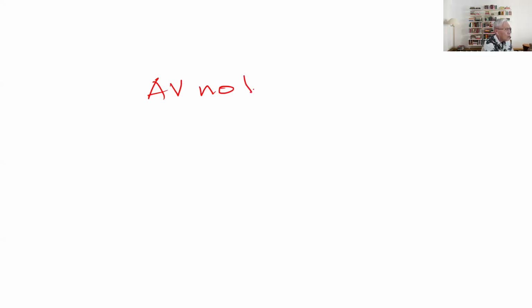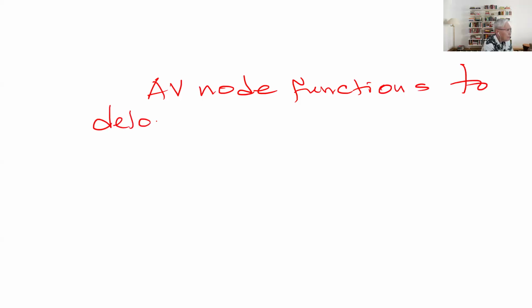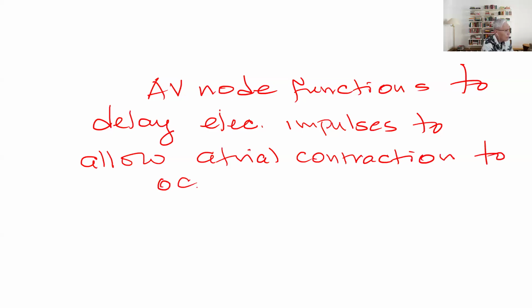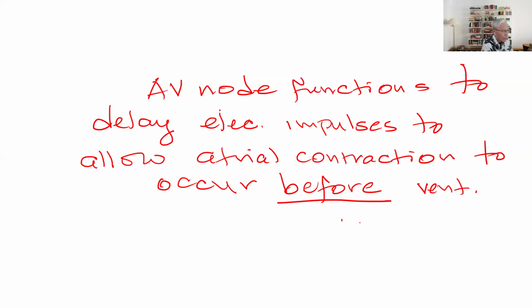The AV node functions to delay electrical impulses to allow atrial contraction to occur before ventricular contraction.